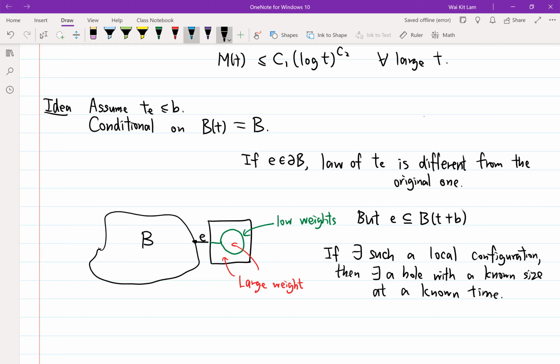And if you further assume that the radius or the side length of this cube or this box here is log t to some power, say 1/d.